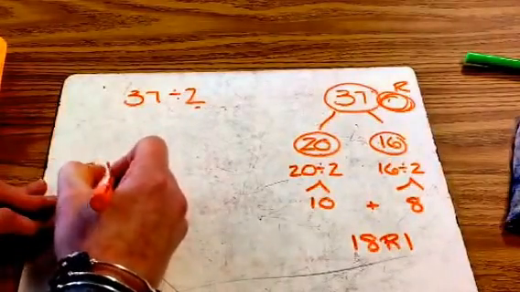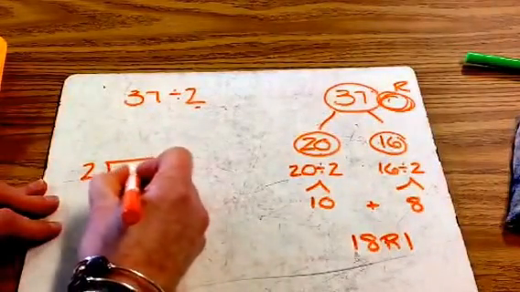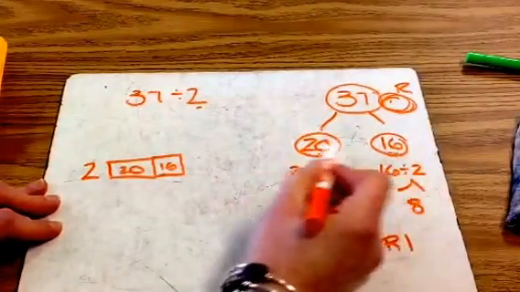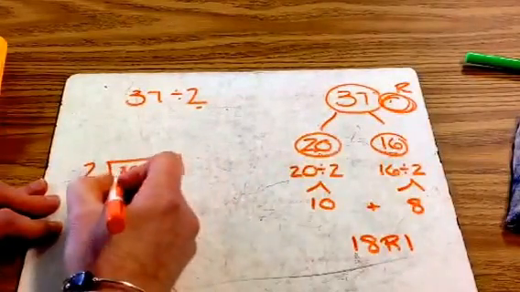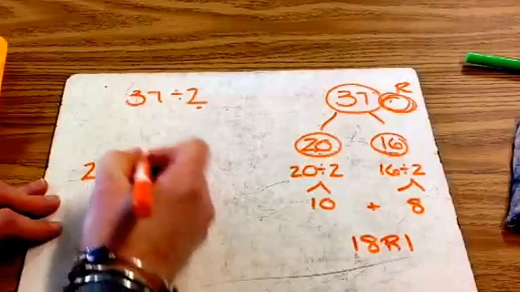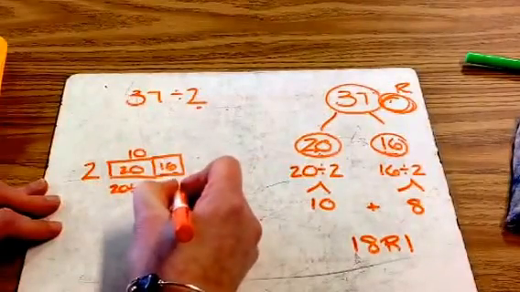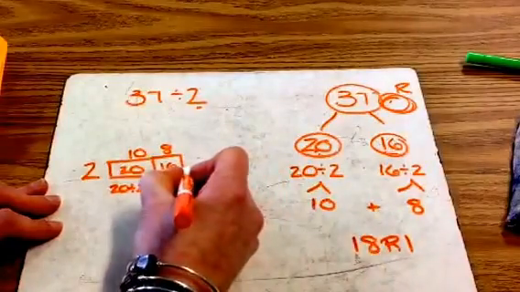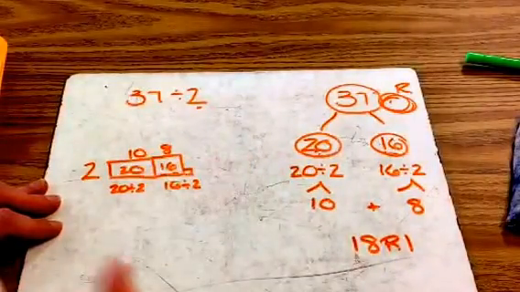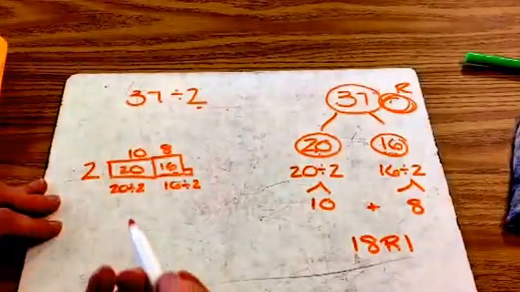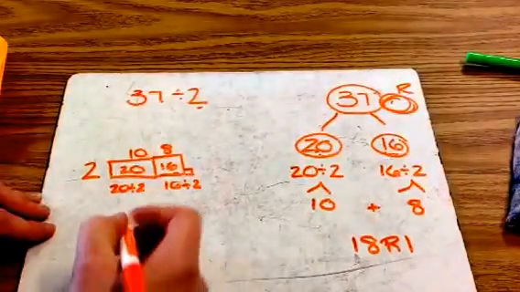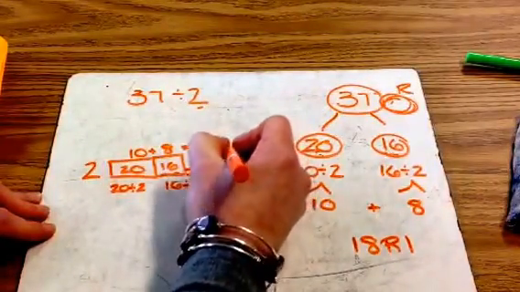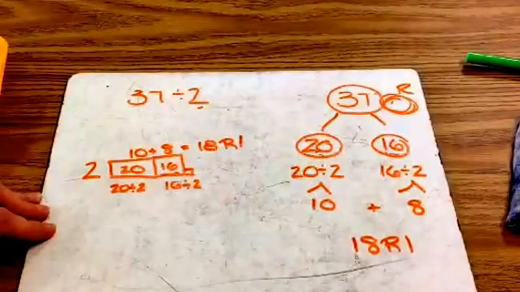If I make my area model, 20, 16, that's where I got my 2 parts from. 20 divided by 2 is 10, 16 divided by 2 is 8, and I have a little remainder. There's just 1, so there's only 1 box. We know that from multiplication area.